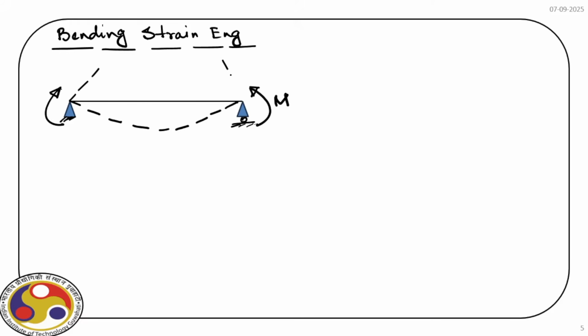We have already studied in detail the bending of a beam, and this is the radius of curvature, and the angle theta is here. Obviously, the more moment we apply, this theta will be more, and the beam has length L and flexural rigidity EI.